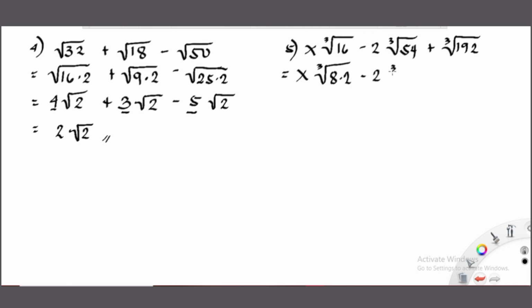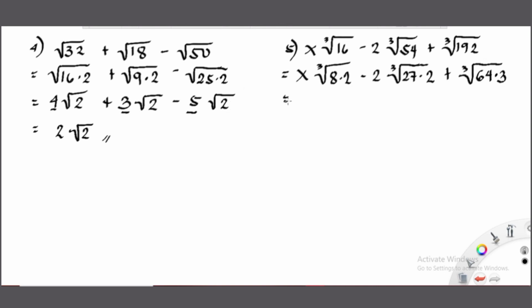Minus 2 cube root of, for 54, we'll be able to get 27 times 2. 27 times 2 is 54, and 27 is a perfect cube. Plus the cube root of, so for 192, we'll be able to get 64 times 3. 64 times 3 is 192.